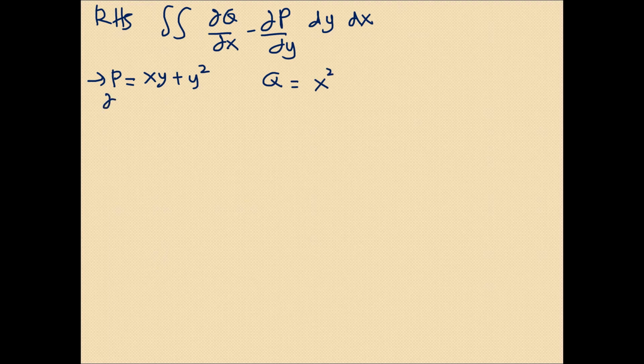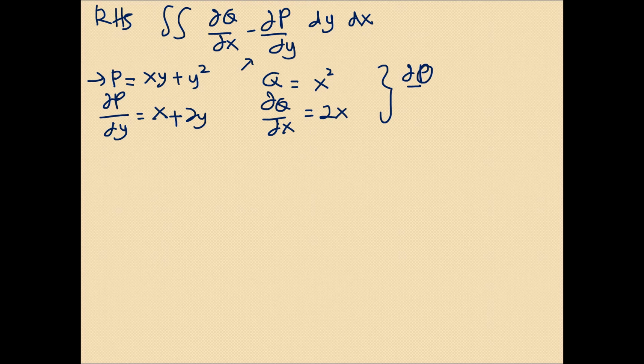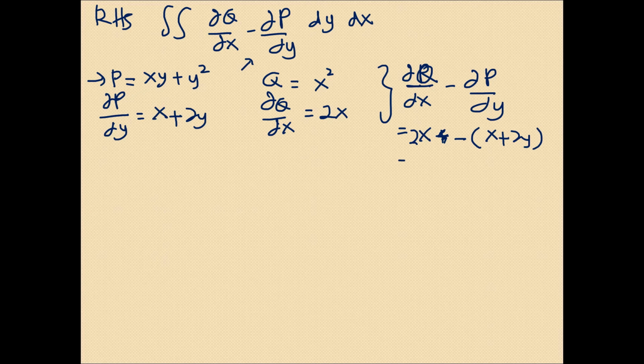So partial differentiate p with respect to y, based on the formula given here, it is x plus 2y. Del q del x is equal to 2x. Now del q del x minus del p del y is equal to 2x minus x plus 2y. So it is equal to 2x minus x minus 2y.